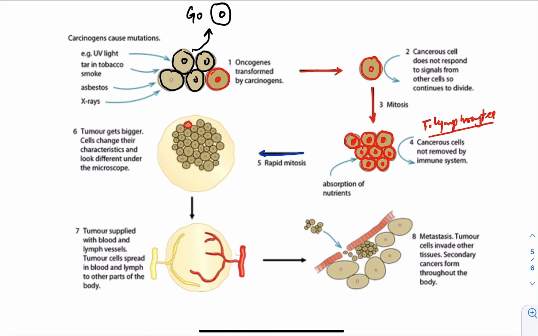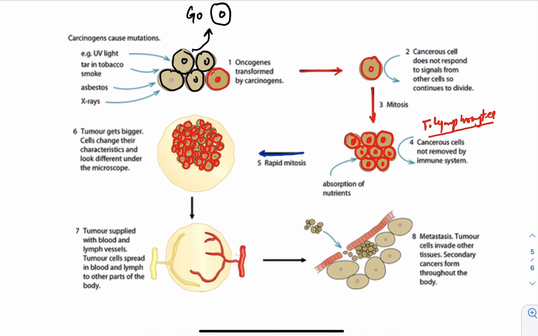They produce an undifferentiated mass of cells. These cells are different from the surrounding cells and they all look alike. They all continue to divide and produce more and more cells. So rapidly, this increases in mass and looks different from the surrounding cells under a light microscope.